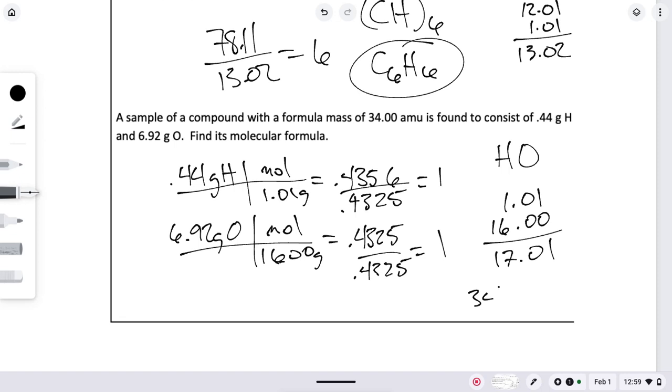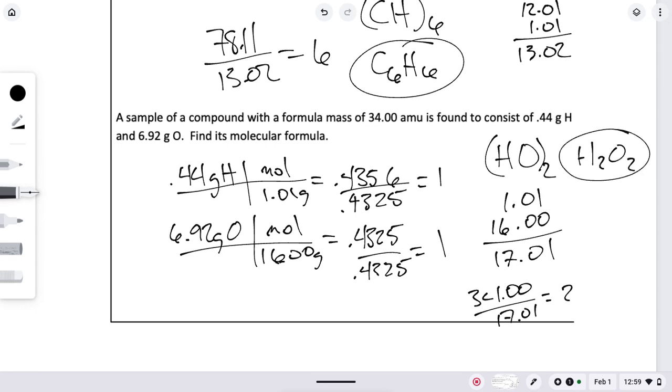If I take 34 and divide it by 17, pretty sure that would give me a 2. So that means that this isn't just a hydrogen and an oxygen. It's 2 hydrogens and 2 oxygens. So this is hydrogen peroxide that we know of.